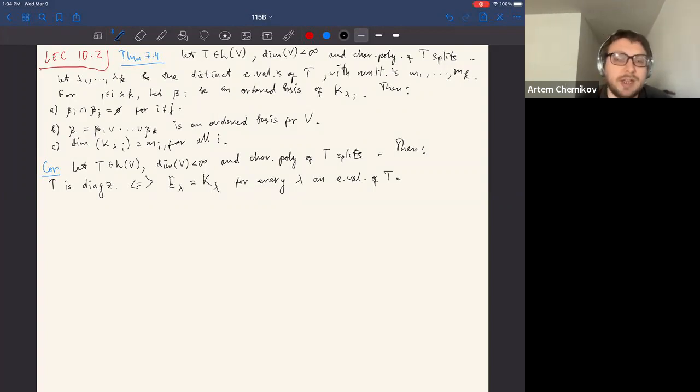Namely, it's diagonalizable if and only if the generalized eigenspaces are just the usual eigenspaces.